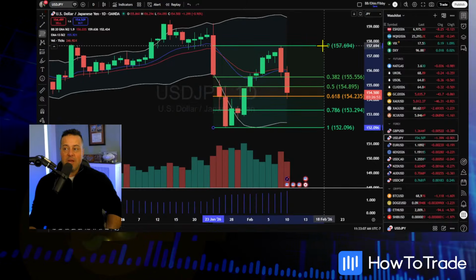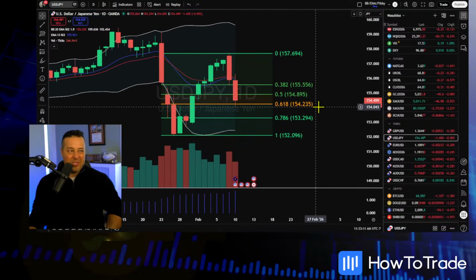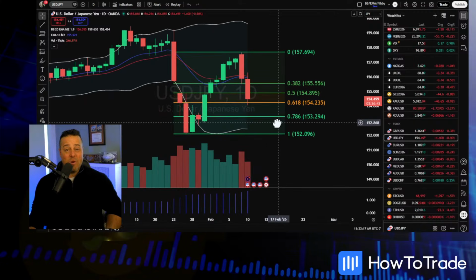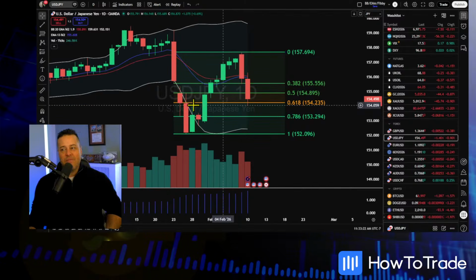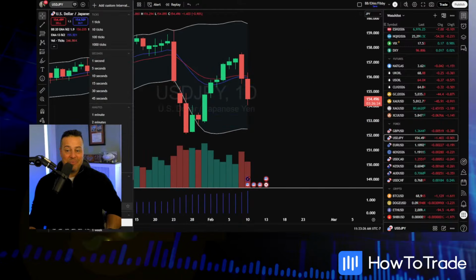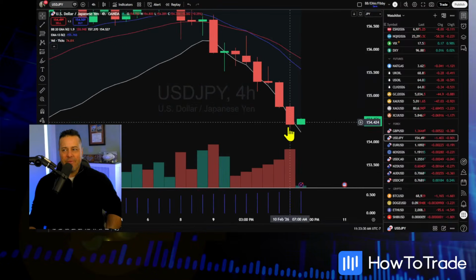So you've got a spike low to a spike high there with Fibonacci's. 62%, 154 and a quarter was already hit. That one already paid off. So maybe the next level is going to be 153 and a quarter, somewhere down in here. Probably, more than likely. As far as what we would do, do you want to sell right now? Boy, it is hard not to, isn't it? 4-hour chart. Very nice.